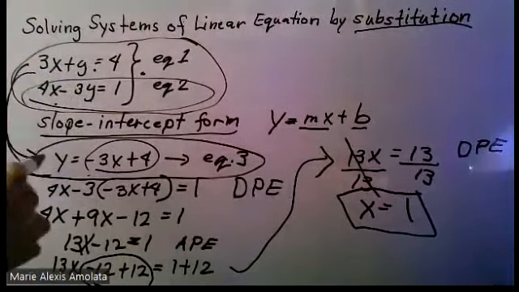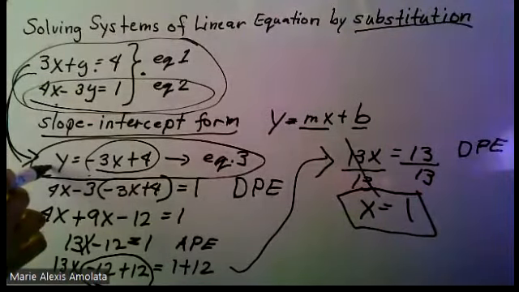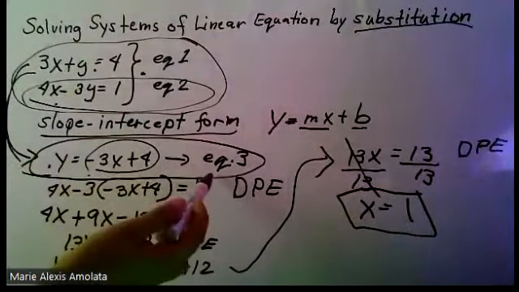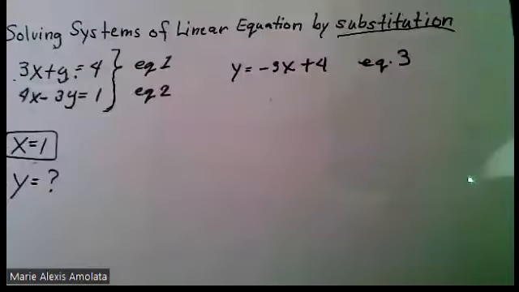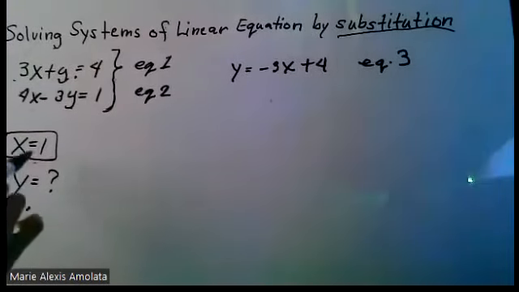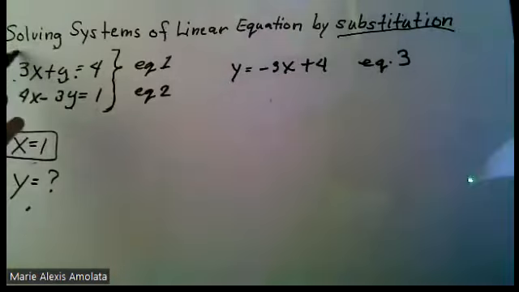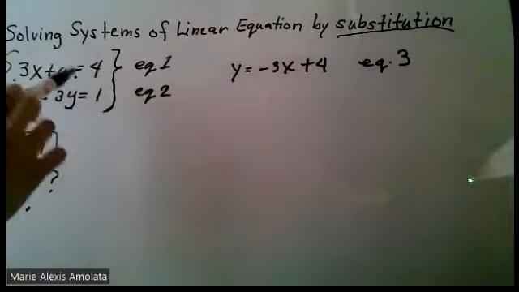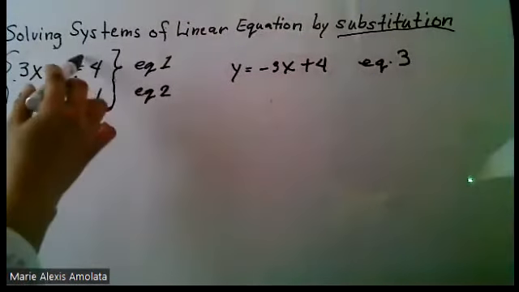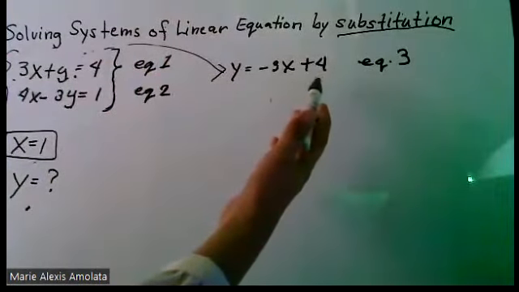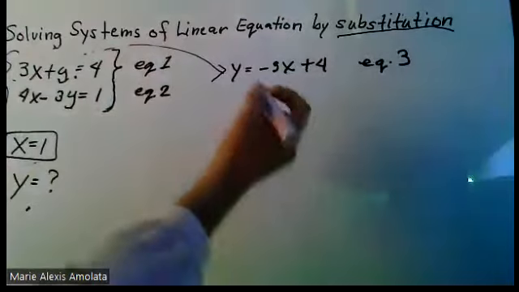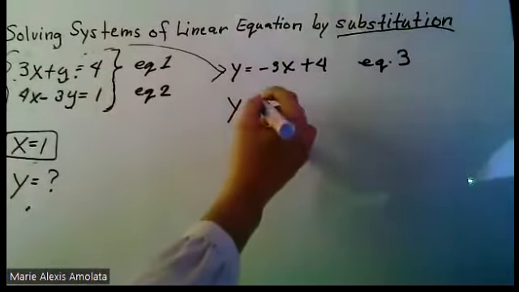So, ito na, naka-slope-intercept form na siya, which is our equation 3. Okay? So now let's get the value of y by substituting x for 1 in any of these equations. So piliin ko yung equation 3, which is a simpler equation. Okay, so let's substitute x for 1.